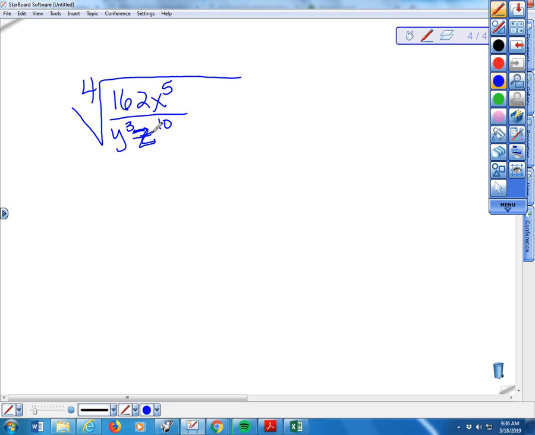Try your 3s. What's 3 to the 4th? It's the 4th root, not the 3rd root. 27 times 3 is 81. Does 81 go into 162 evenly? Yeah, it does twice. So now you know how to break it up.